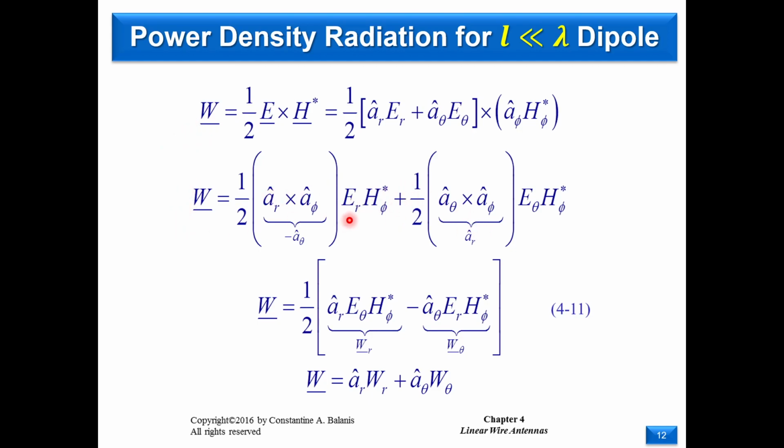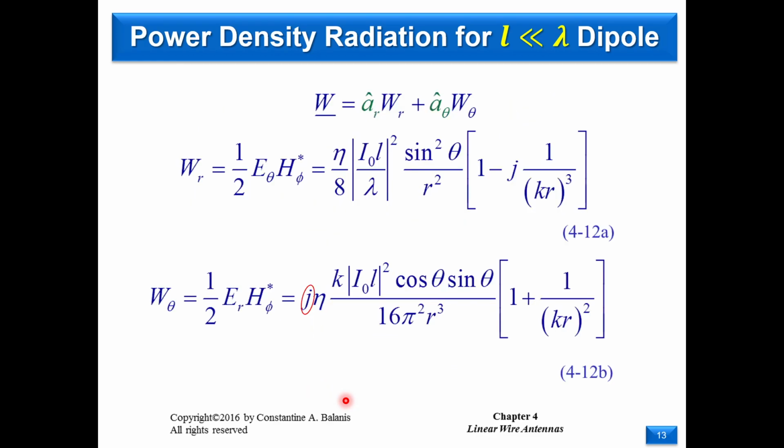Just doing the math, we'll find that we have a component of power radiating along R, another component radiating along theta, and the direction of those components is very important. We're going to have some quick discussion on that.